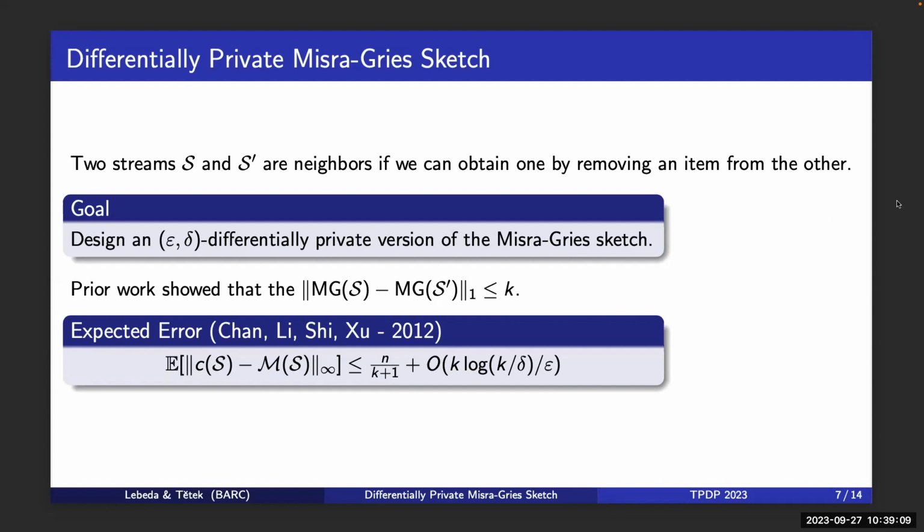But now the problem is that we have to scale the noise up with k. So this means if we want the sketching part of the algorithm to be more private, then we'll have to increase k. But that means that we'll have to add more noise because now our sensitivity goes up. So we really want to see if we can do something better. And that's exactly what we'll do.